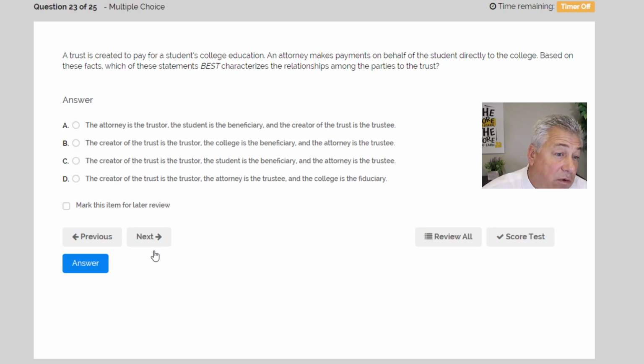B, the creator of the trust is the trustor. The college is the beneficiary, and the attorney is the trustee. C, the creator of the trust is the trustor. The student is the beneficiary, and the attorney is the trustee. Or D, the creator of the trust is the trustor. The attorney is the trustee, and the college is the fiduciary.